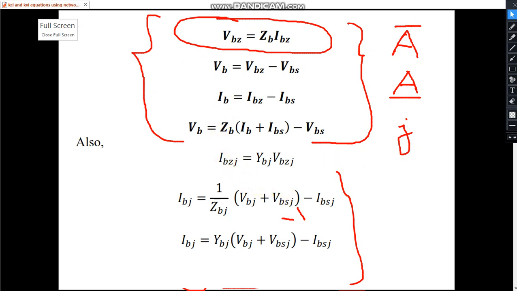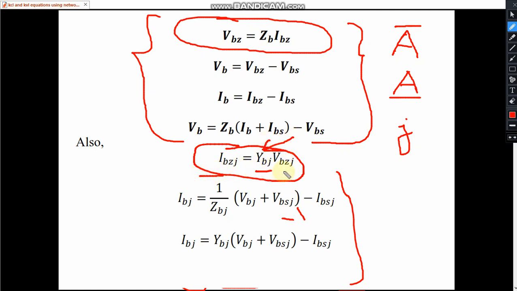Also, this equation can be written in this form, where instead of having impedance, now we are having admittance like this. Okay. Current is equal to admittance multiplied by voltage in case of a particular branch across the admittance or impedance element.